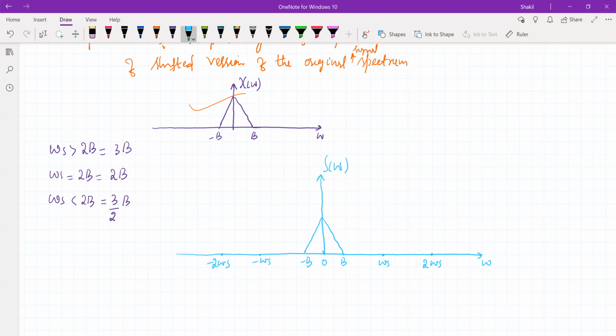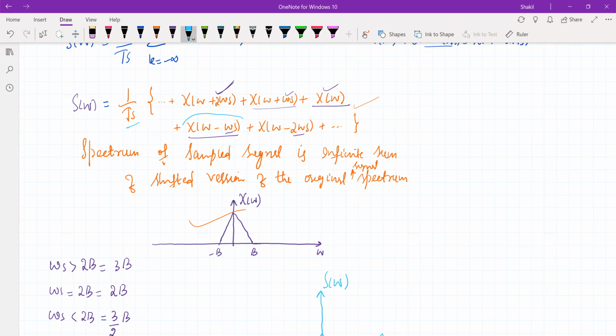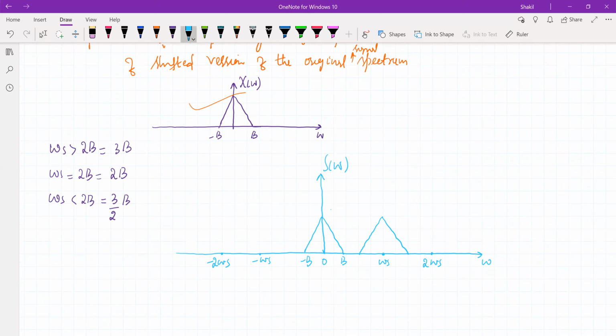Now my omega s is 3 times b, the maximum frequency component, so this will occur somewhere here. This is this part of the spectrum, and the maximum amplitude is 1 by Ts. This also has maximum amplitude equal to 1 by Ts.